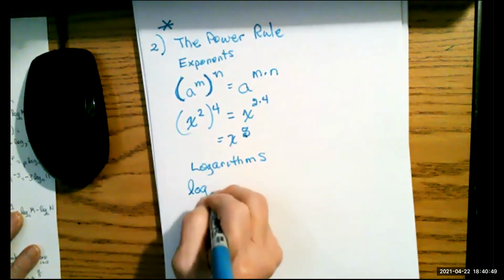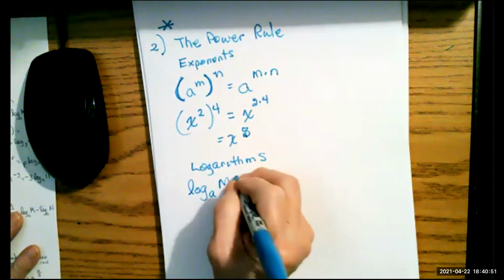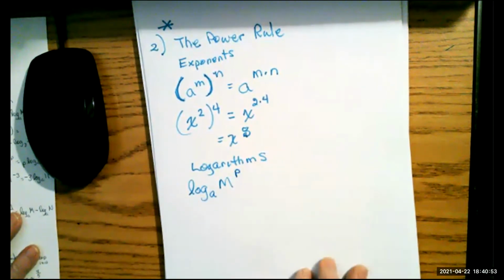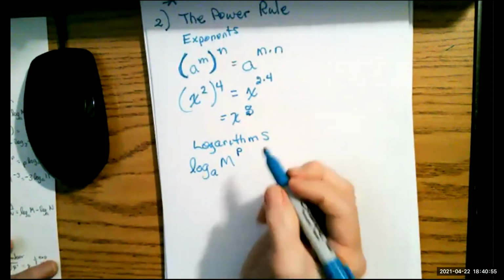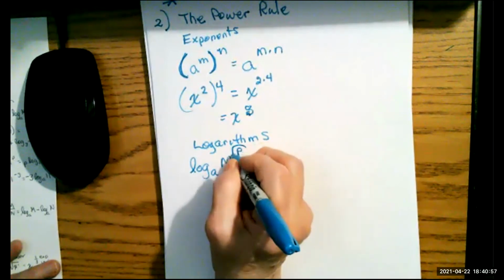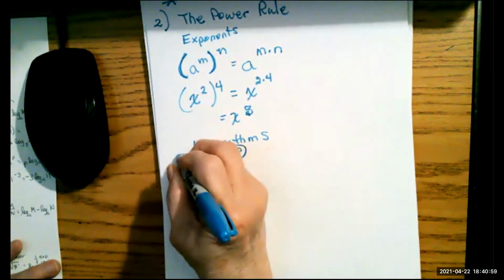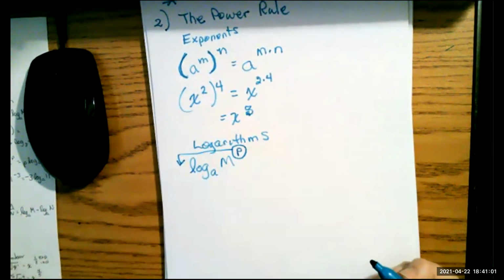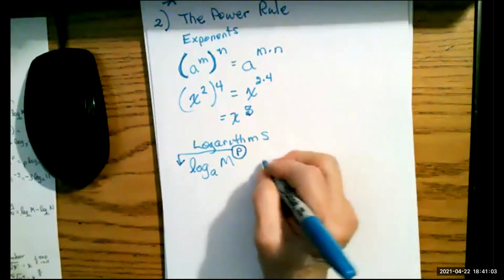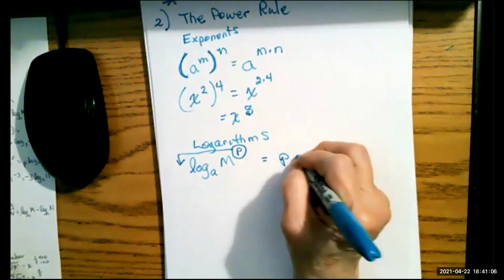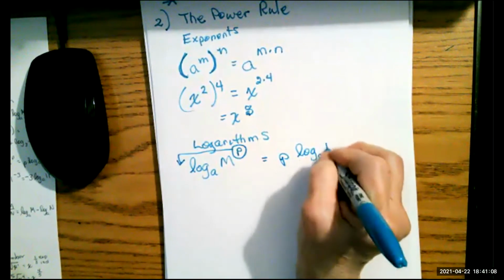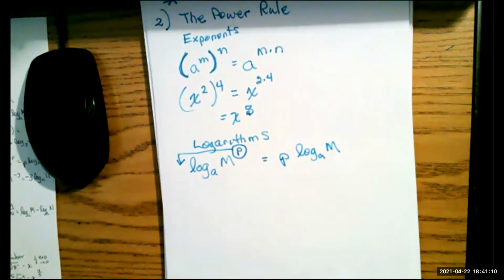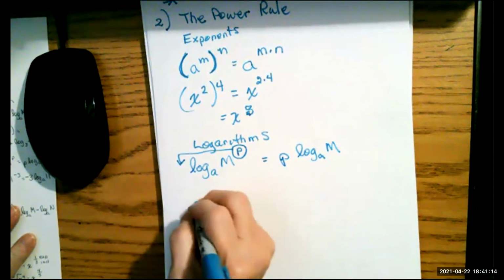So if you have log base a of m with some power p up here, this is the best one ever. You take this p and you bring it in front and it becomes a multiplier. So it's p times log base a of m. Let's do an example of what that will look like.